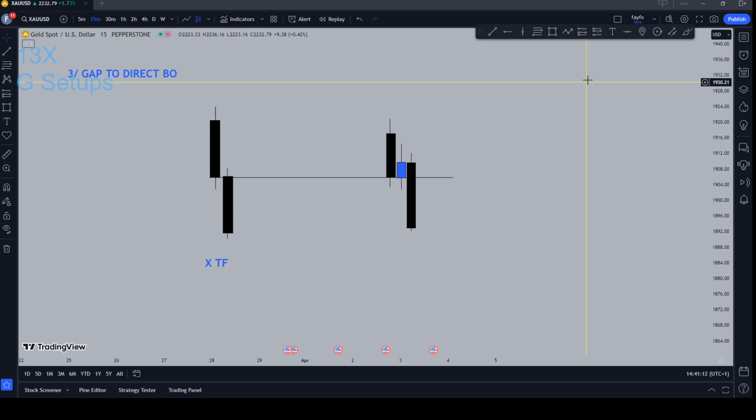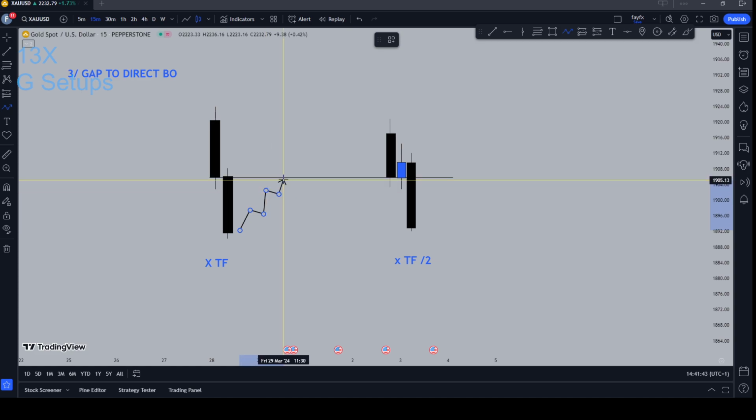We have the bearish gap in X time frame, and when we go one time frame lower, we find a direct breakout. This is very, very strong, especially when the trend is aggressive, when there are big moves. It provides tension.